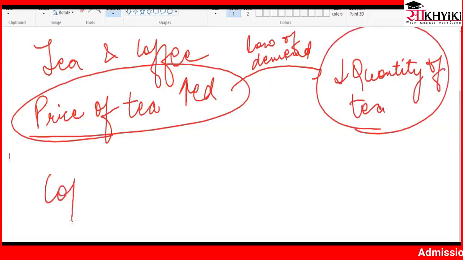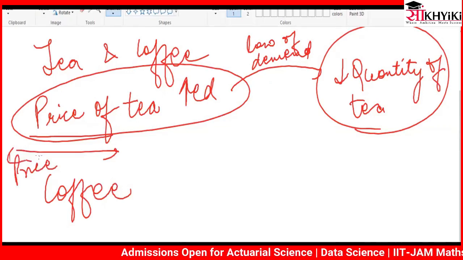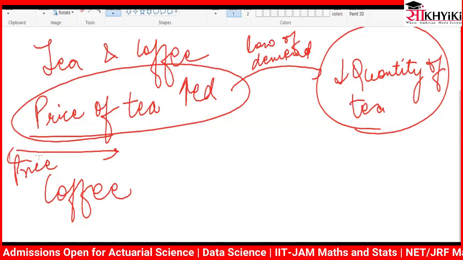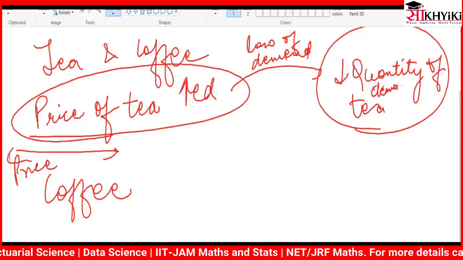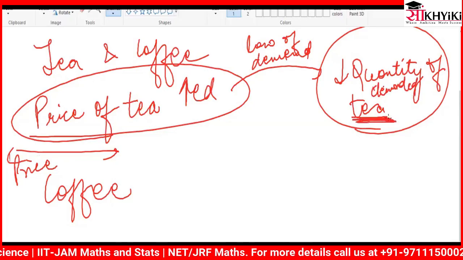And I still know that the price of coffee is unchanged. The scenario just tells me that the price of tea increased. So the quantity demanded of tea should decrease, because this is directly affected by its own price.